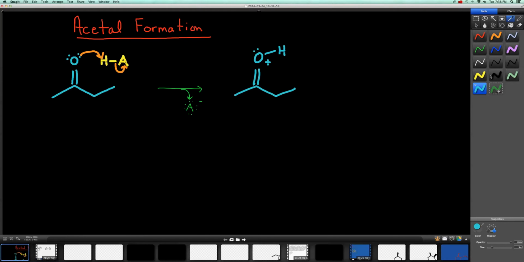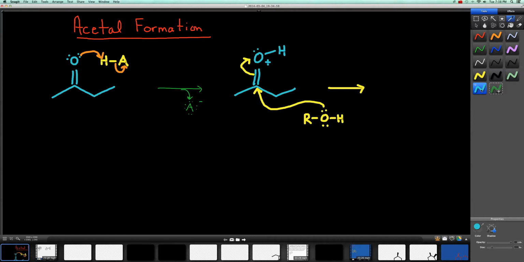So at this point, an alcohol functionality, more specifically one of the lone pairs of electrons on oxygen, will nucleophilically attack this carbonyl carbon. Of course, this pi bond is going to break.